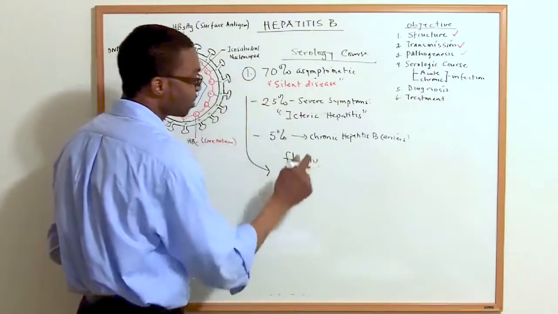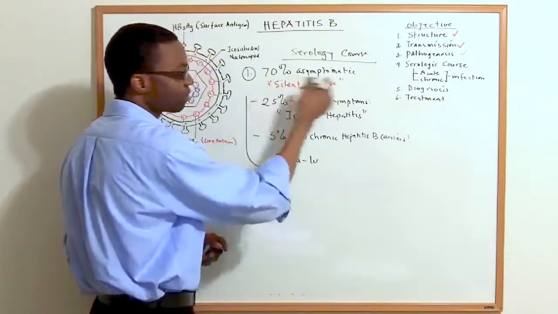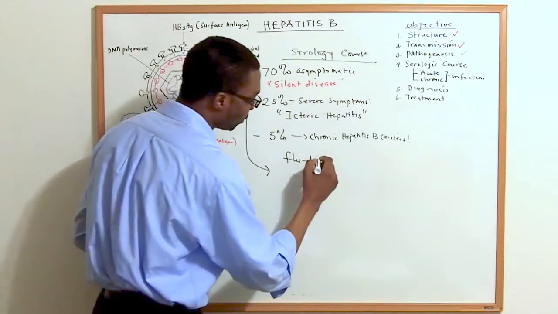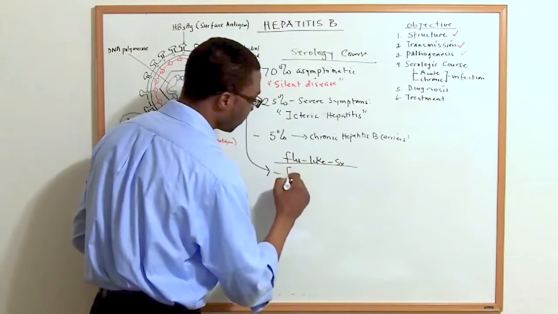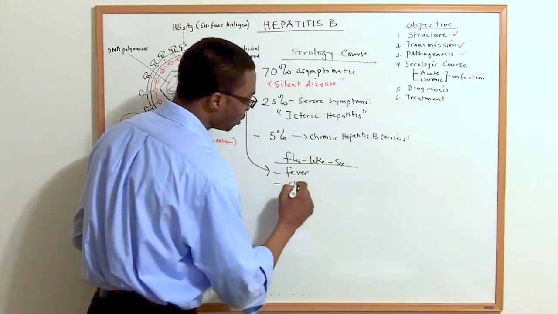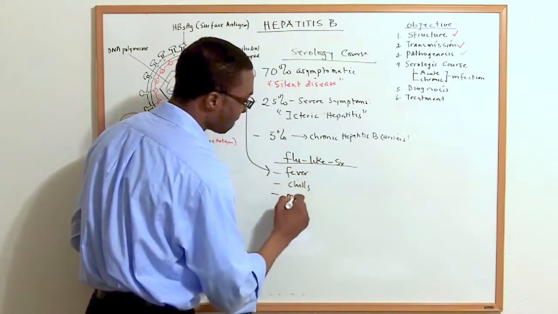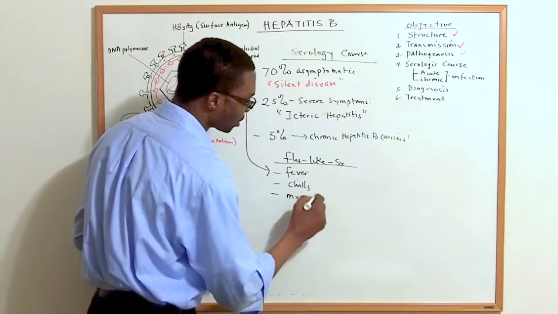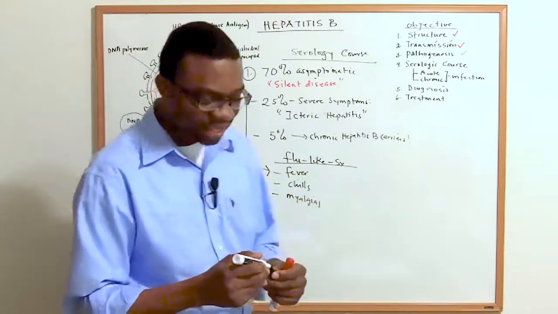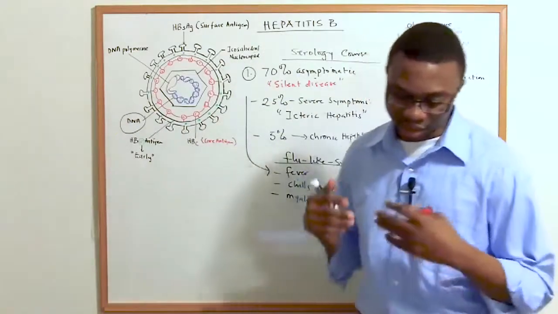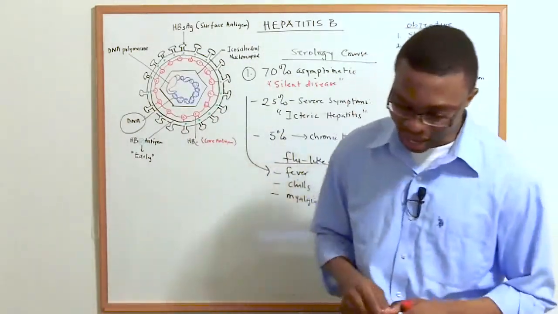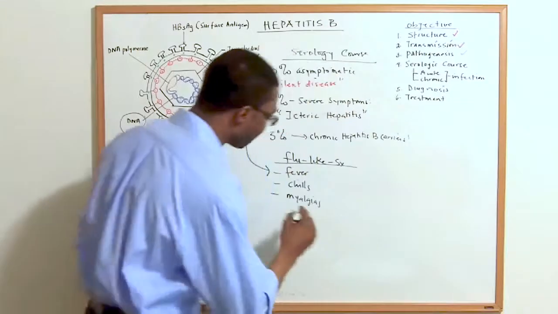For the people that actually have symptoms, they might have mild symptoms. Flu-like symptoms such as what? Fever, chills, myalgias, joint aches. They also have a little bit of nausea. They might have some headaches, loss of appetite.